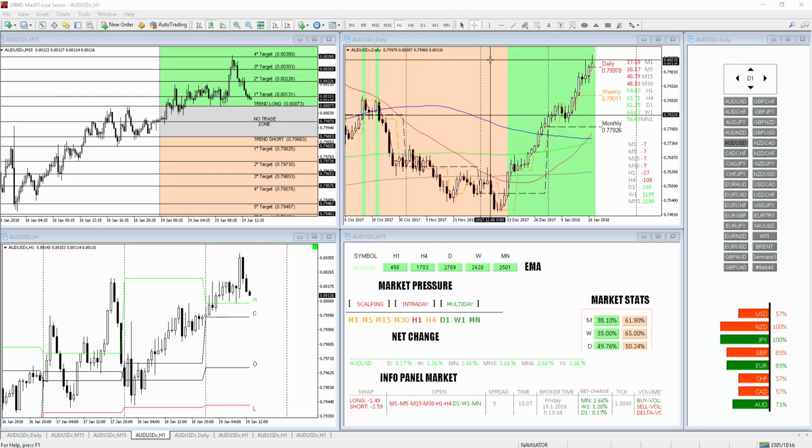Aussie US dollar registered a false breakout of the previous daily highs, and it's now correcting down towards the entry level of the bullish zone of the target geometry at 0.8007. We have in fact a bearish price action at a scalping and intraday level.